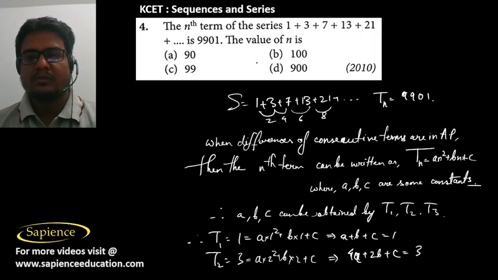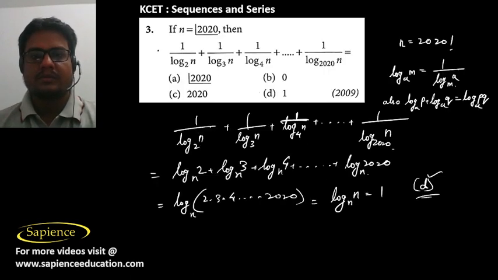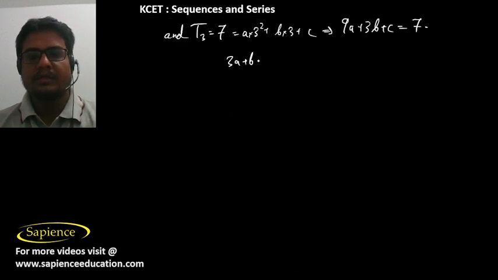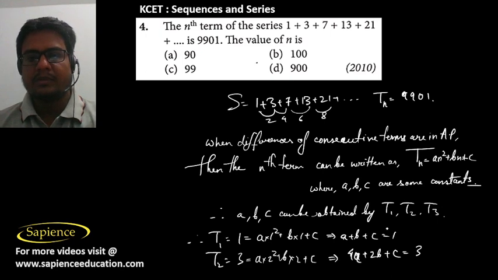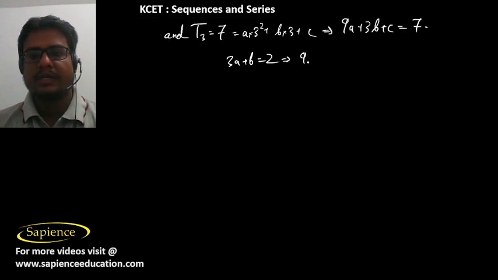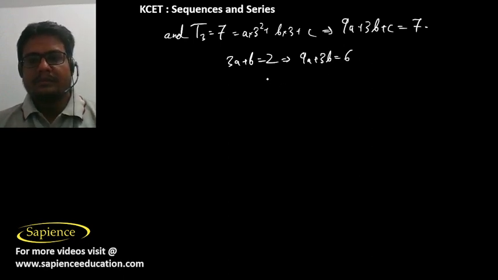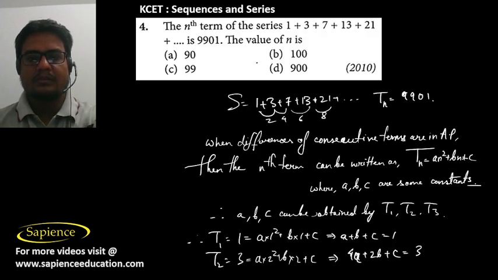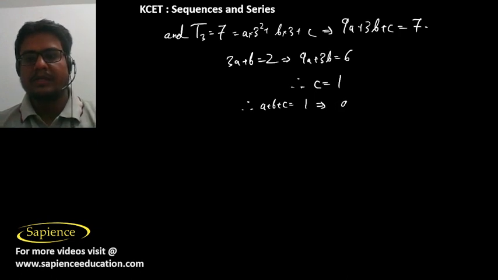And then if we subtract these two equations, then we get 3A plus B, that will be equal to 2. So it means that 9A plus 3B will be equal to 6. Therefore C is equal to 1. Now C is equal to 1. Now therefore A plus B plus C is equal to 1, so it means that A plus B should be equal to 0.